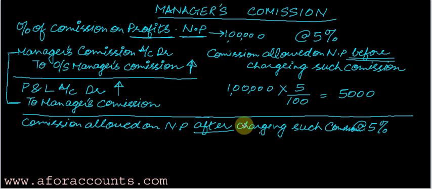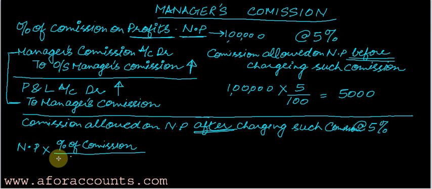Okay, now after charging such commission, I have the net profit already in my hands and I have still not charged the commission. So your formula is simply: you have to take the net profit into percentage of commission upon 100 plus percentage of commission.